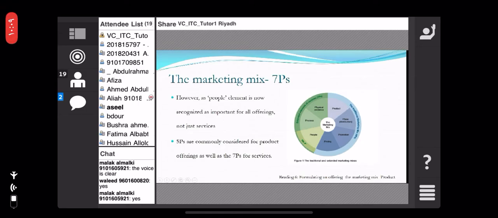When we discuss services, any intangible, we will add people, process, and physical evidence as well. However, as the people element is now recognized as important for all offerings, not just services, 5 P's are commonly considered for product offerings as well as the 7 P's for services. As I gave you the example.